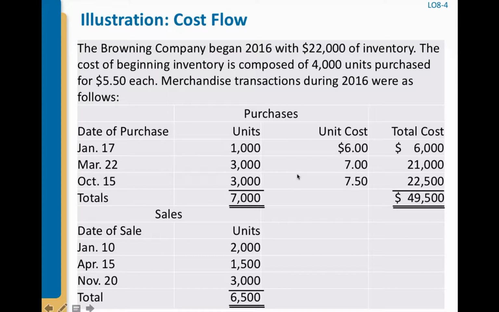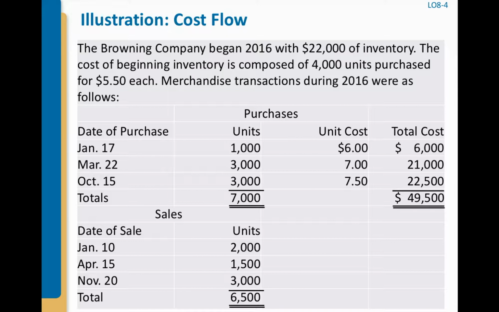Unless we're actually picking, and let's say we have these divided into 3 bins, and we're picking out of each bin and tracking which unit we're picking out, and okay, that's from the $6 bin, we'll charge that as $6 cost to us. Well, that's a pain to have to group them together into bins like that, especially if they're all the very same item and interchangeable.